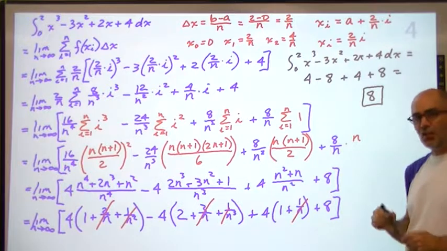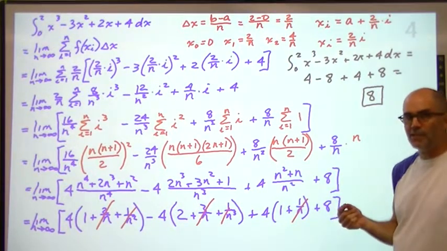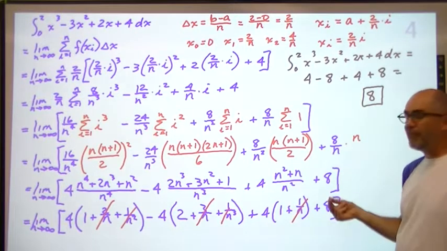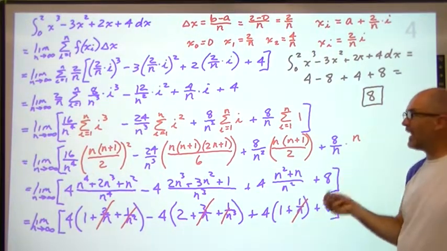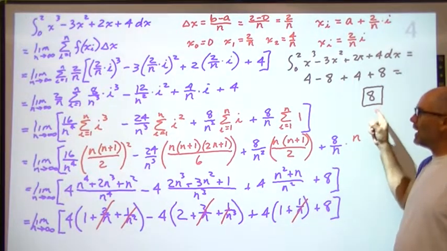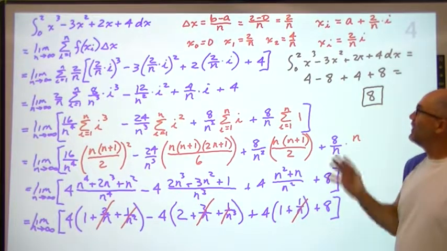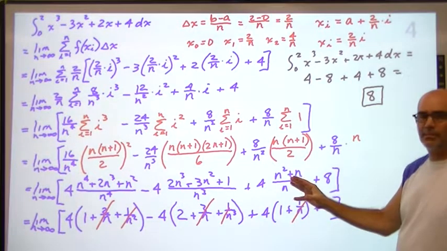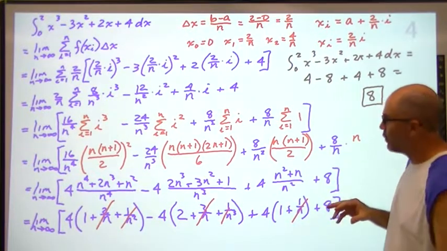So this is a unique situation where your right-hand approximation is 8, your left-hand approximation is 8, your midpoint approximation is 8, and the exact value of the area under the curve is 8. So this is it. Now let me just go over the basic strategy with you.